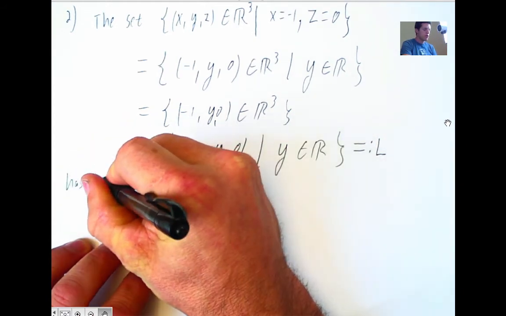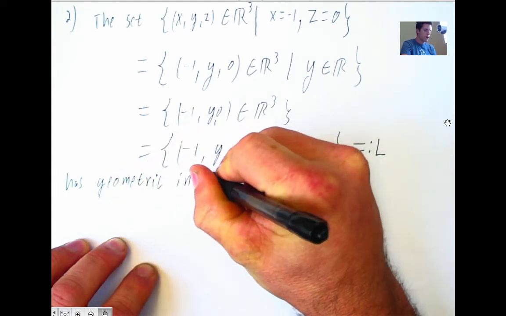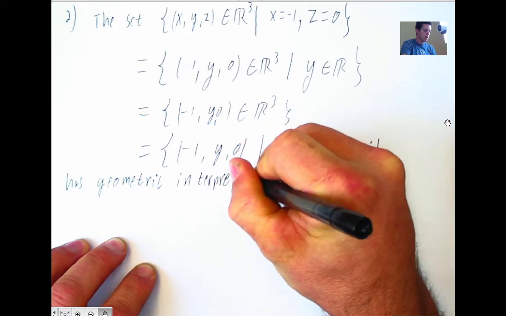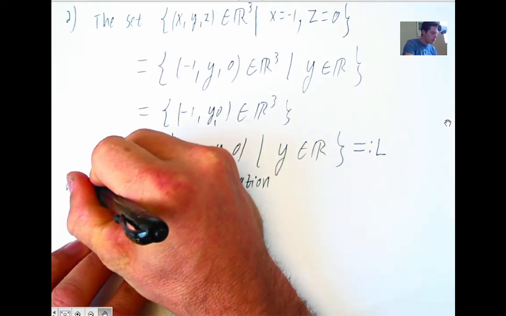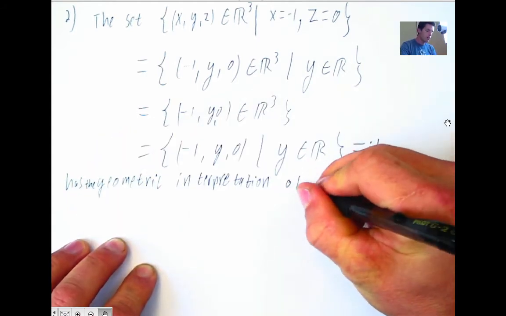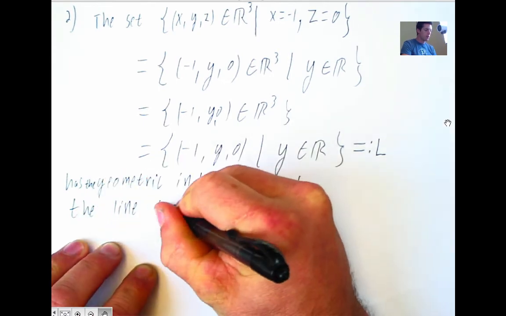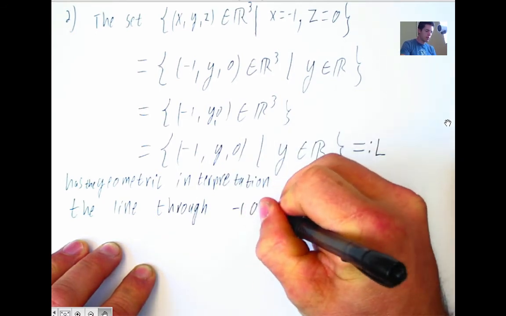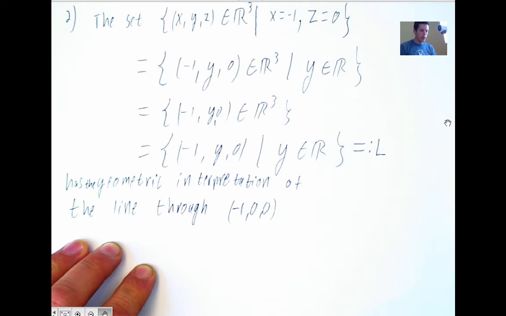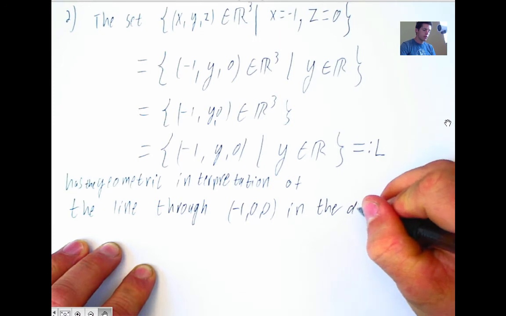L has as its geometric interpretation the line through the point -1, 0, 0. And let's see, this moves in the direction of the y-axis.